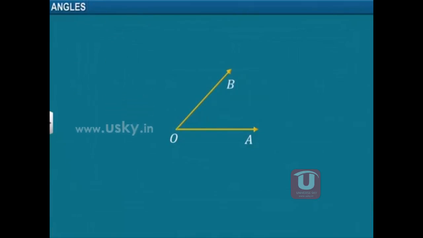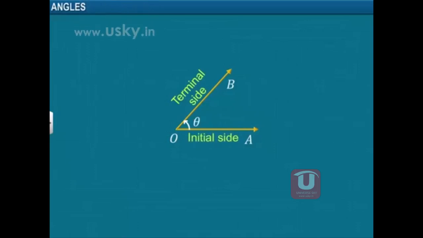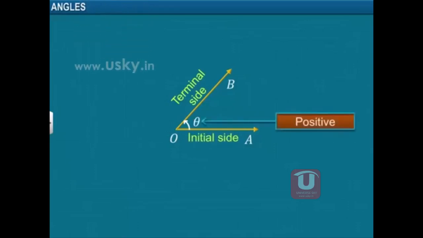Let ray OA be rotated in the anti-clockwise direction to meet ray OB. Ray OA is called the initial side of the angle, and the destination ray OB is called the terminal side of the angle. If the direction of rotation is counterclockwise, then the magnitude of the angle is conveniently taken as positive.